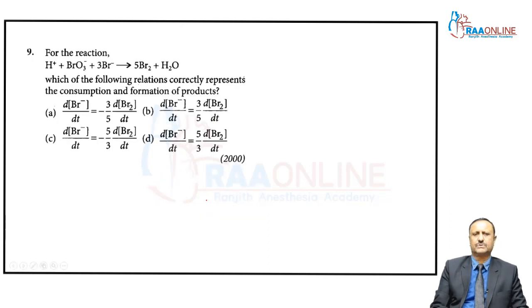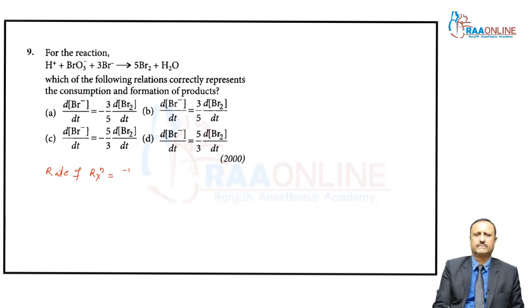Now we can go to question number 9. For the reaction, these are the reactants and these are the products. Which of the following relations correctly represents the consumption and formation of the product? My dear students, you can write the rate of reaction and rate law, and then see the options.